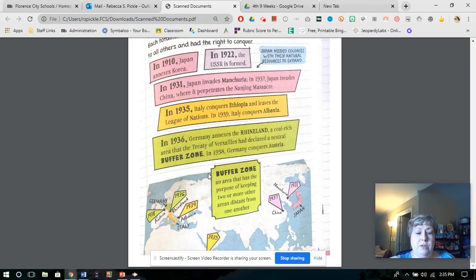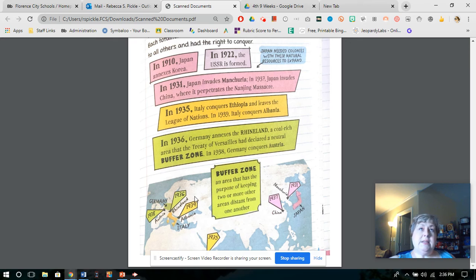This is going to be the most important thing, and this is kind of where we'll pick up on the German and Hitler video. Germany annexed a country called Rhineland, or an area called Rhineland. And this was an area that the Treaty of Versailles had declared a neutral buffer zone.